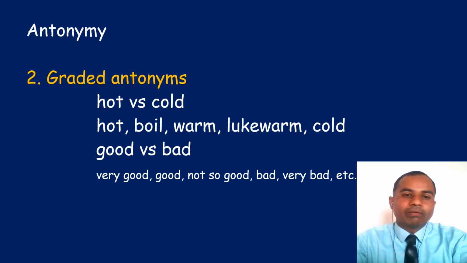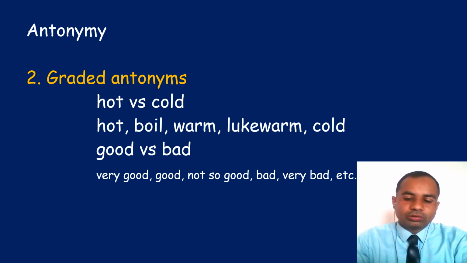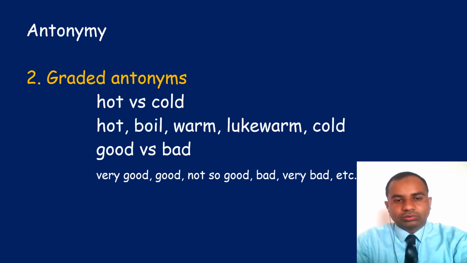So we have graded antonyms in English and even in different languages. Many of the adjectives show this gradability. So you must learn the different kinds of words along with these words, so you can communicate your exact sense or thoughts to the hearer, listener, or other fellows.